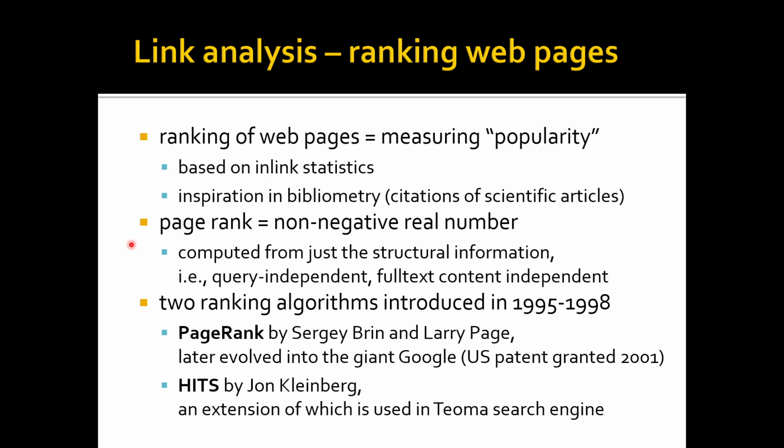Here the PageRank with capital P means the Google PageRank. Here we have the small letter as a general PageRank, whatever algorithm. Here it is really a trademark of Google, so PageRank here. So it is also patented.